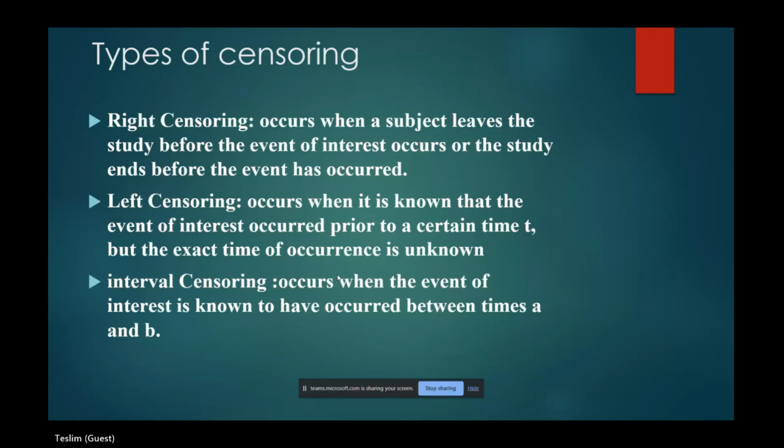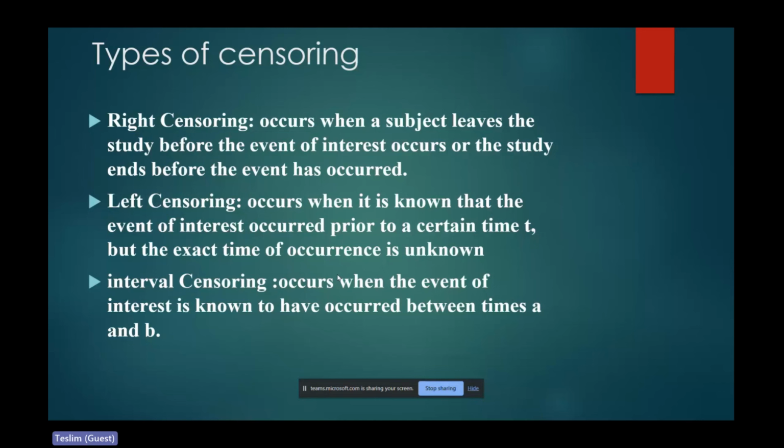For example, let me use a human being. At age 20, you went for a particular HIV test, and you tested negative. At age 30, you now went to test for HIV and you discovered that you are HIV positive.